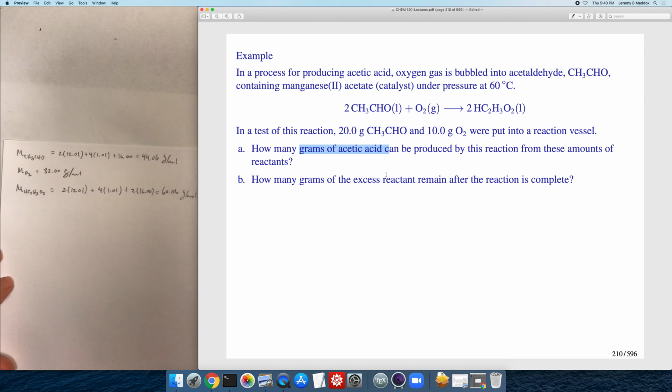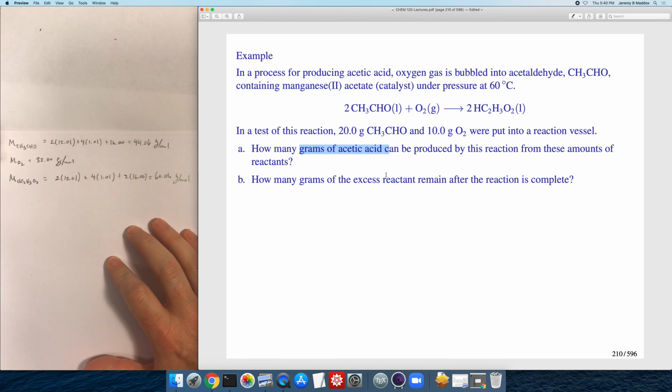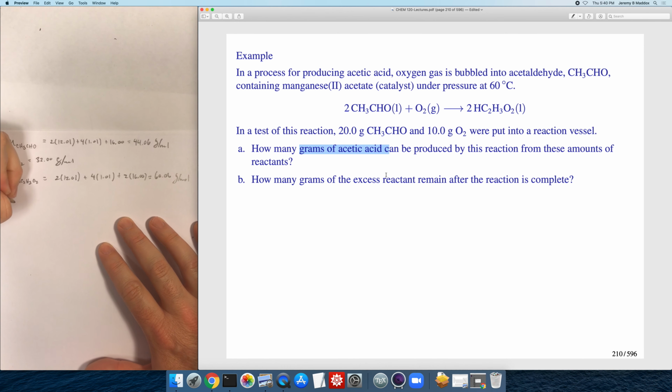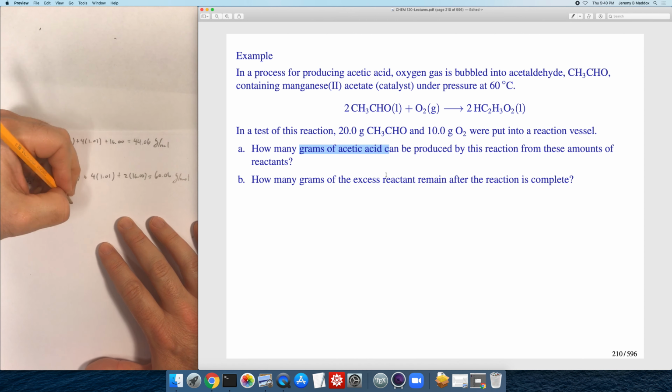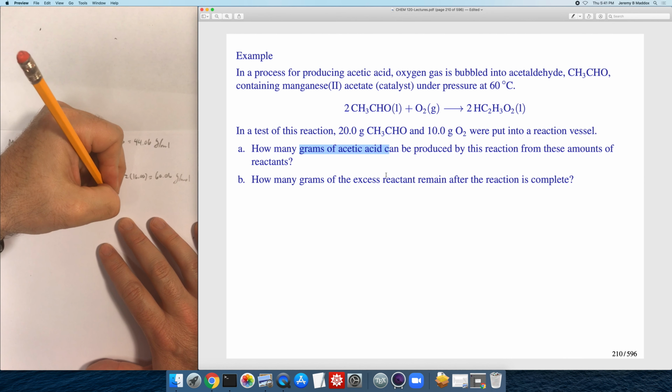All right, so we've got our molar masses established, and now we are going to do the following conversions. We're going to take the grams of the acetaldehyde, and we're going to convert it to moles, and then we're going to convert that to moles of acetic acid.